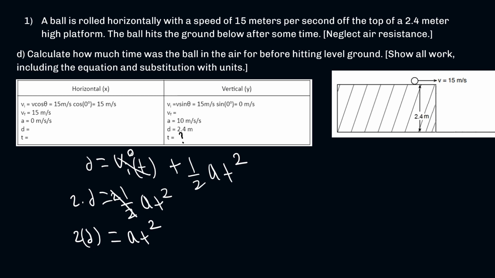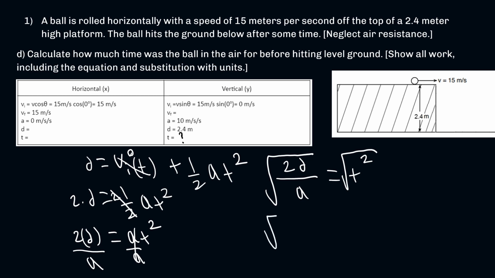Doing the opposite of multiplication is division. That will cancel out a on the right side and bring it over to the left. So we're left with 2 times d over a equals t squared. And then, of course, the last step here is going to be the square root of t squared, because the opposite of squaring something is taking the square root of it. So I'm going to be left here with the square root of 2d over a, equal to my time.